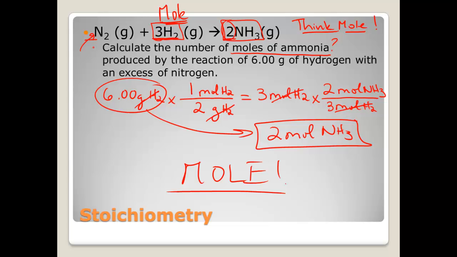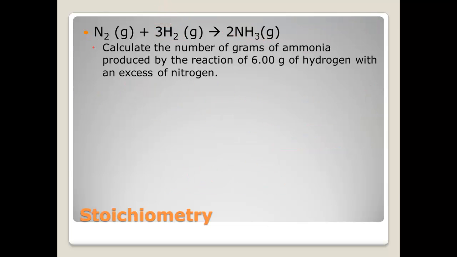Now, we can make this problem one step harder. Can you guess what it is? Okay, here we go. Here's the last one. Our equation is exactly the same here.